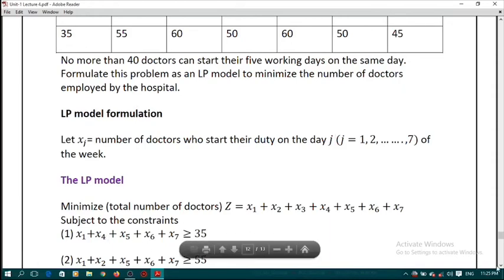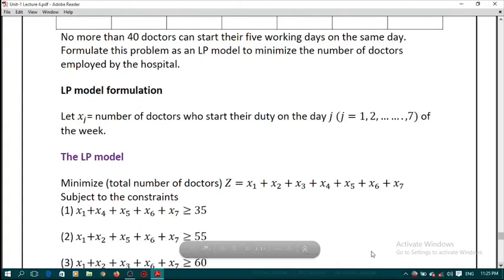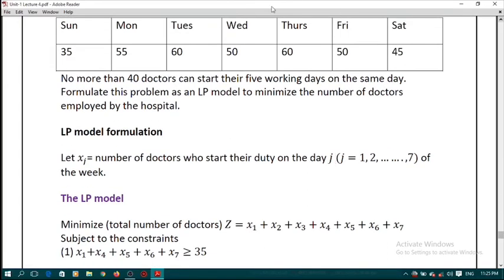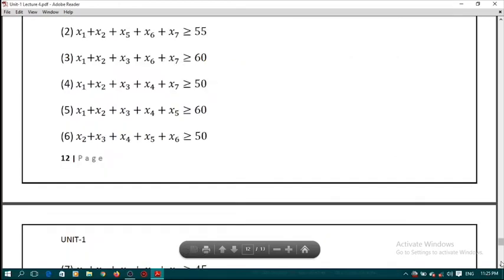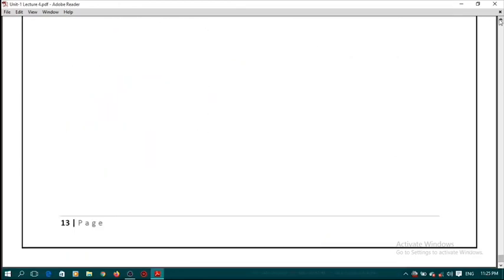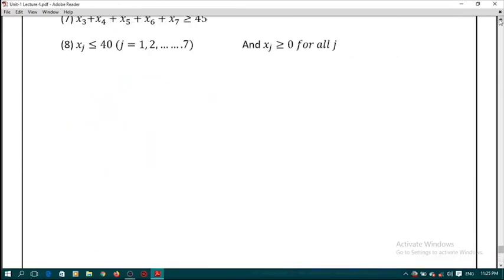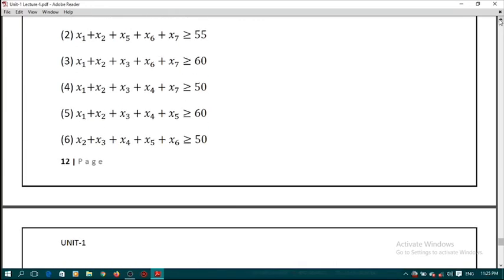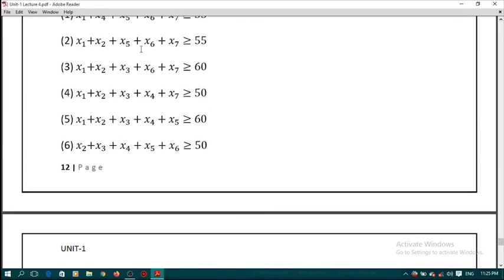Now we can check for Monday. Doctors who started their duties on Tuesday and Wednesday will be absent on Monday. So the second constraint is x1 plus x2 plus x5 plus x6 plus x7, which is greater than or equal to 55.